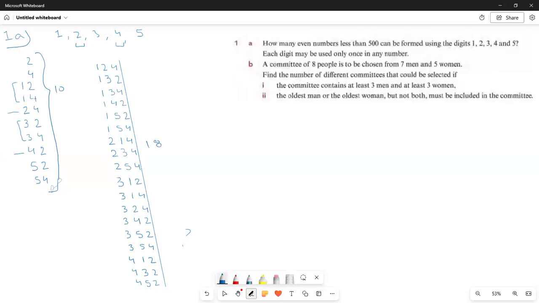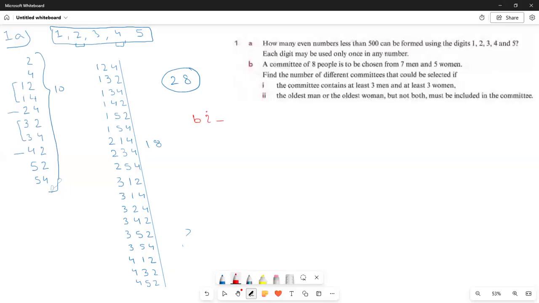So 18 plus 10 is 28. So 28 is my final answer. I can write 28 even numbers less than 500 using these digits 1, 2, 3, 4, 5 without repeating. I hope this is clear. Let's start question B. It has two parts.